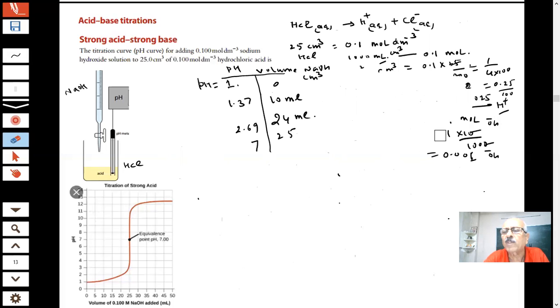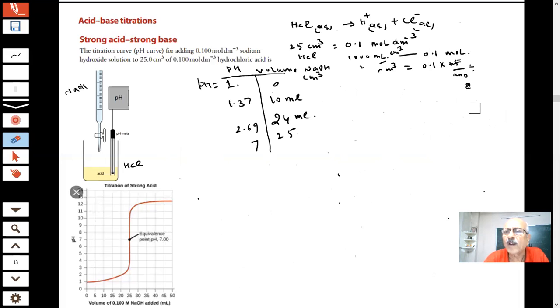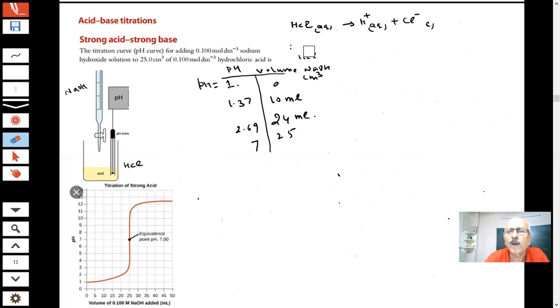We have shown the calculations, because how many H plus ions are present, how many moles of H plus ions are present, and how many moles of NaOH OH ions are being added, they will neutralize each other. At the equivalence point, you have equal moles of H plus and equal moles of OH minus.